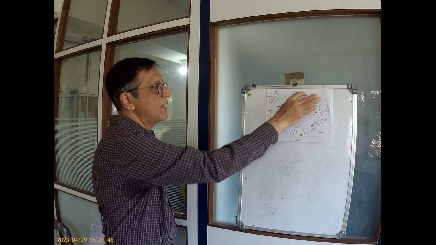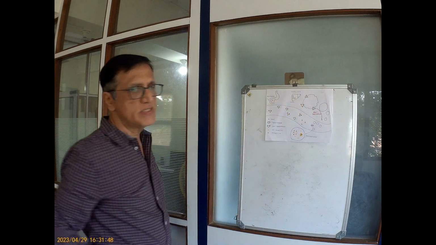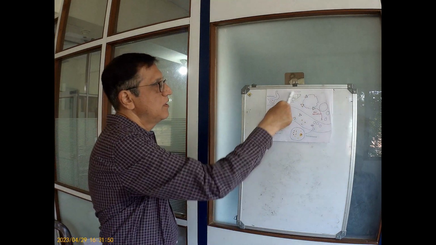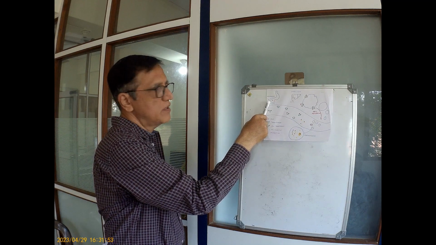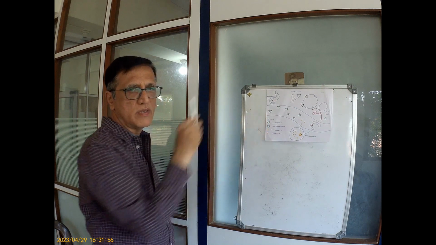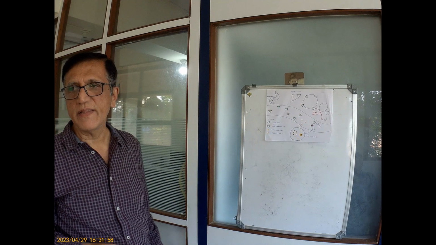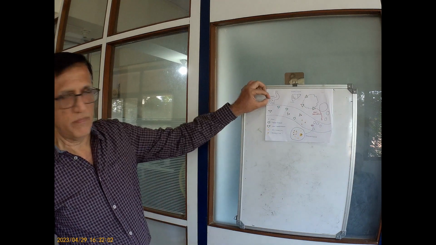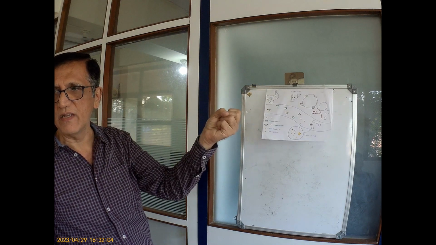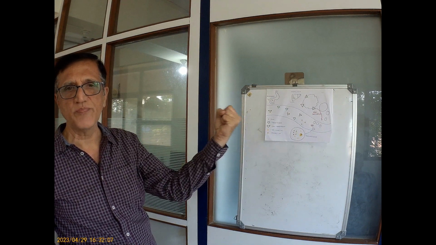Now, what hepcidin does is it inhibits the absorption of iron at the duodenal level. There are ports which take in the iron, and those ports get closed because of hepcidin.